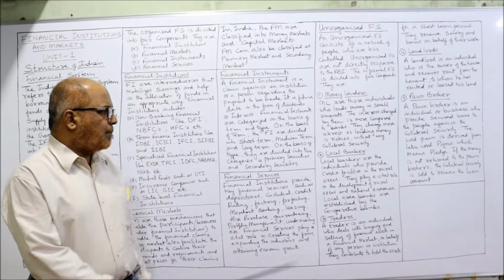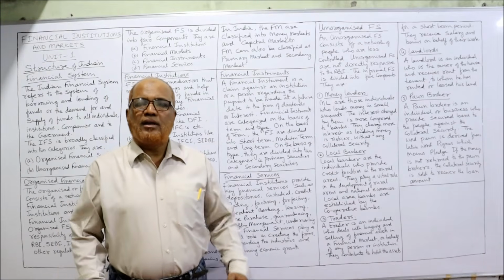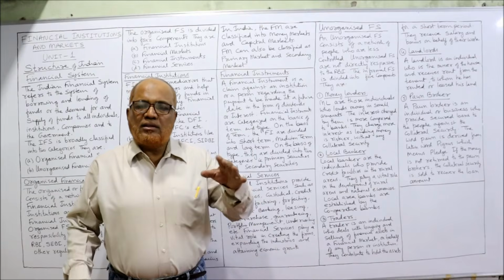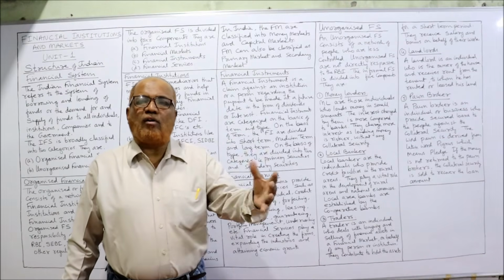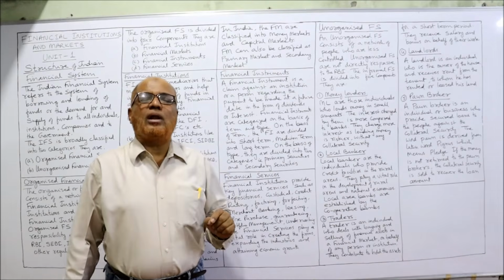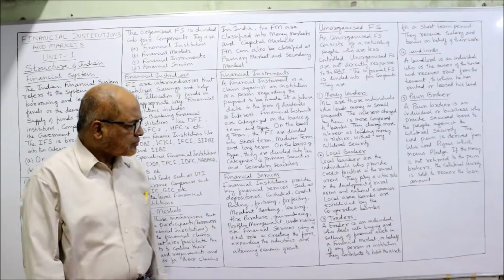Local bankers are established by cooperative banks. There are cooperative banks in rural areas, and these cooperative banks will establish these local bankers. Particularly, the local banker will be helpful in developing the rural areas.